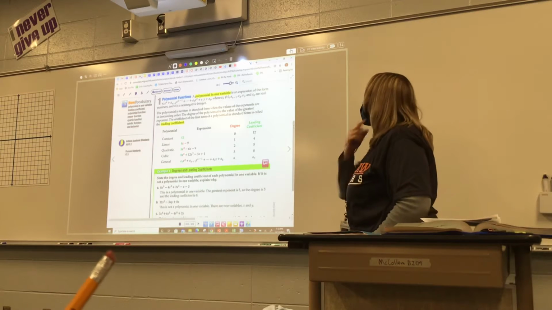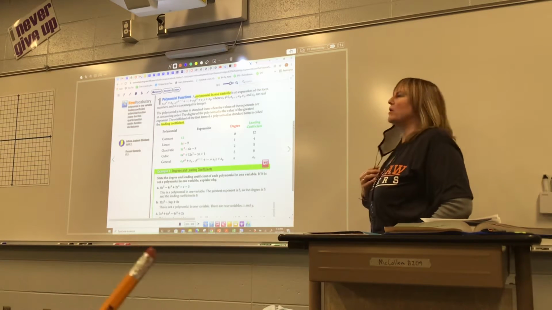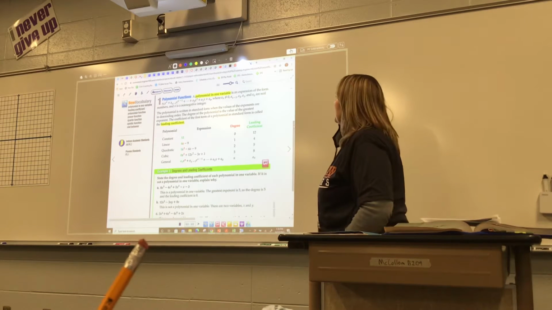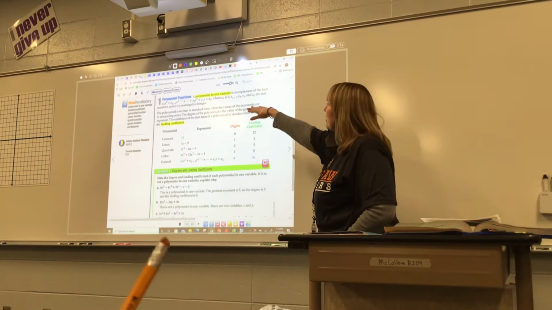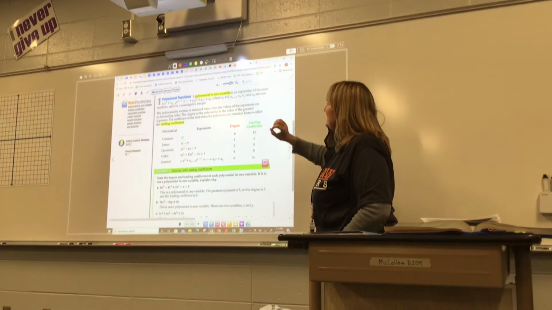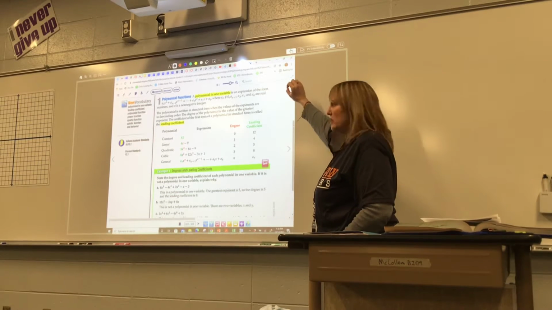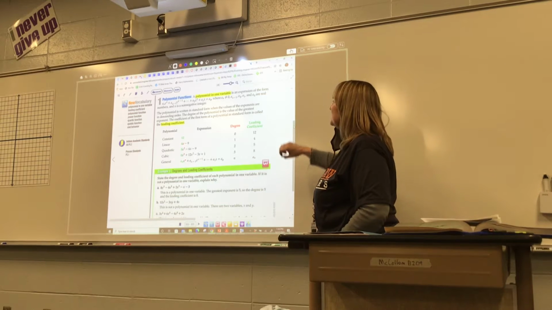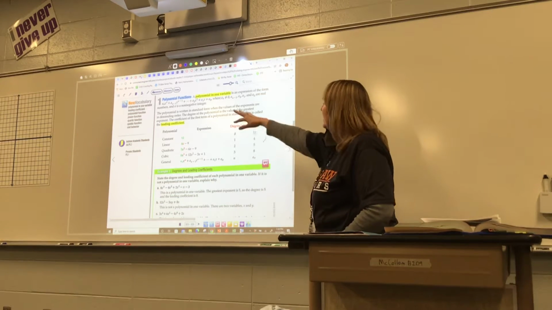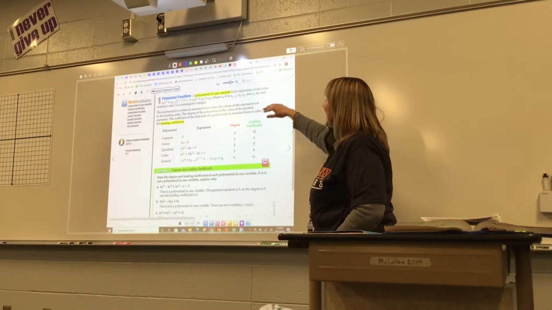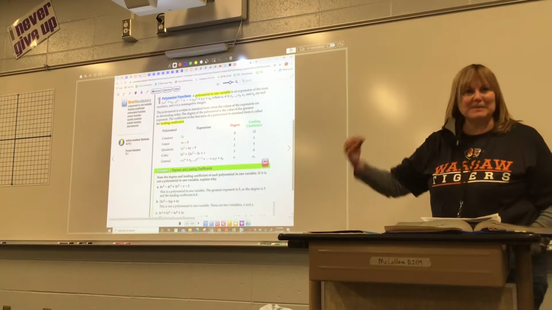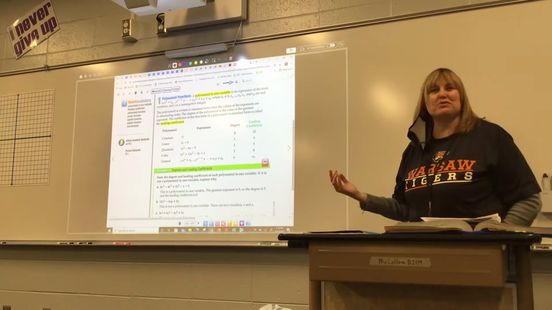So as you take a look at the top part here, a polynomial in one variable is an expression of the form a sub n times x to the n plus a sub n minus 1 times x to the n minus 1, and you see the dot dot dot down to a sub 0. First off, those a sub n minus 1 are just real numbers.